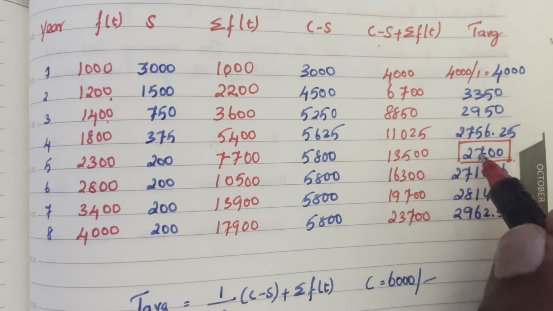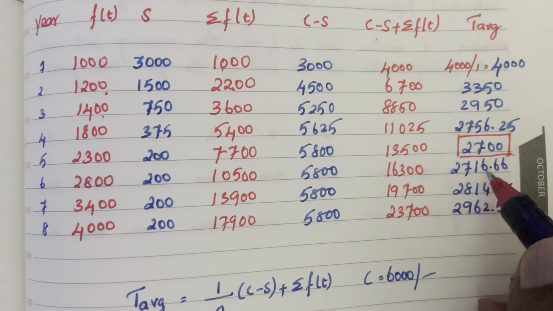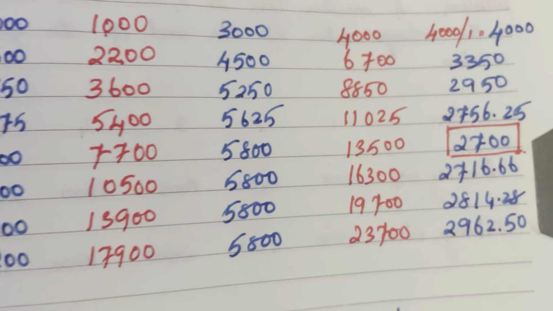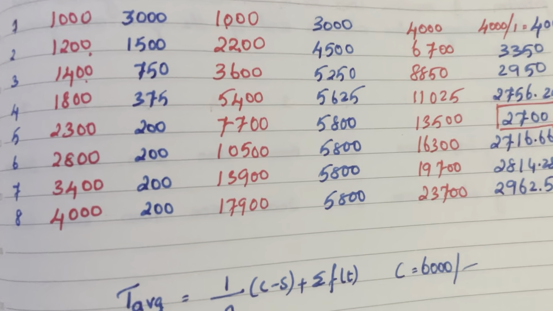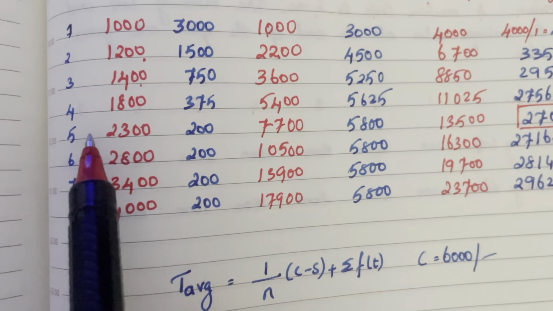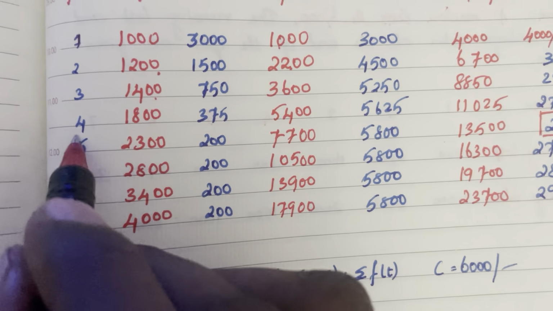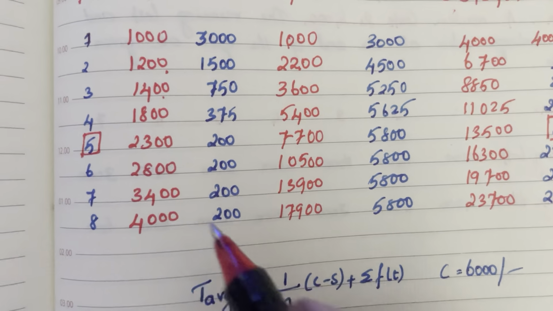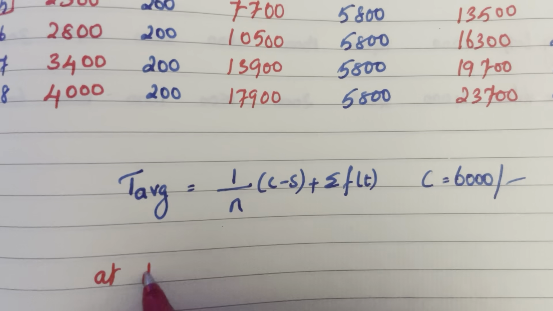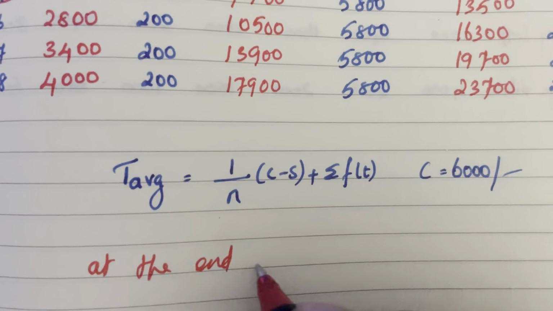Since the next year starts to increase, we select the previous one, 2700. You have to see which year it represents, and it represents year 5. So at the end of the 5th year the machine has to be replaced.